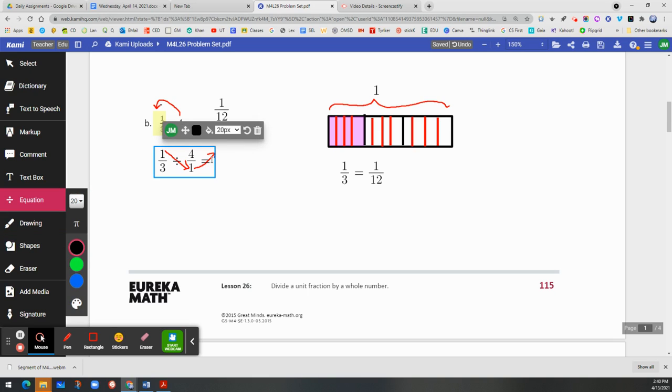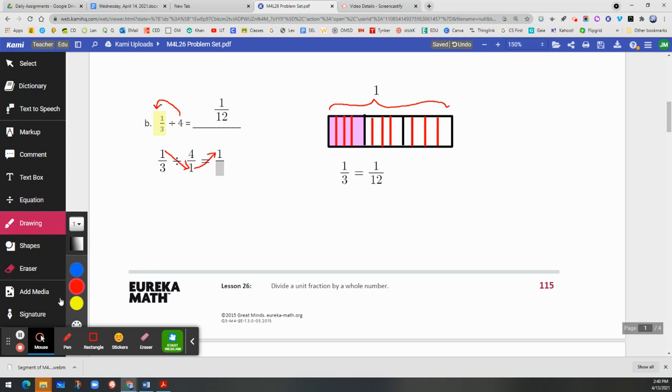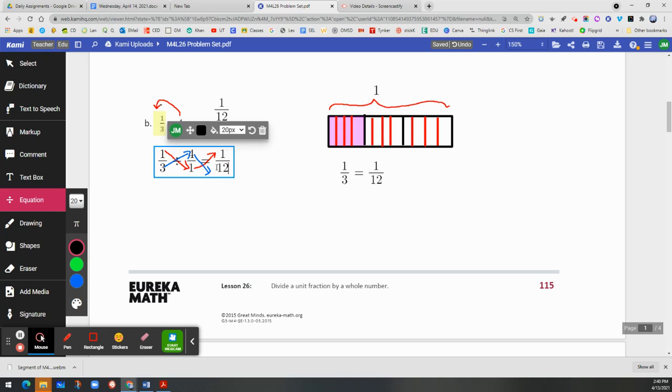So 1 times 1 equals 1 over, and now using a different color, we multiply the denominator of the first fraction times the numerator of the second fraction, and that gives you a denominator. 3 times 4 equals 12, and that is the answer, 12.